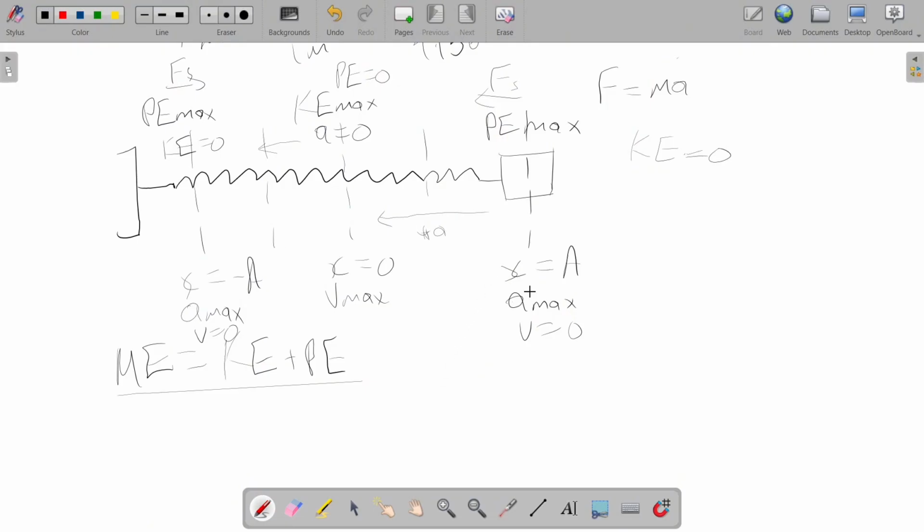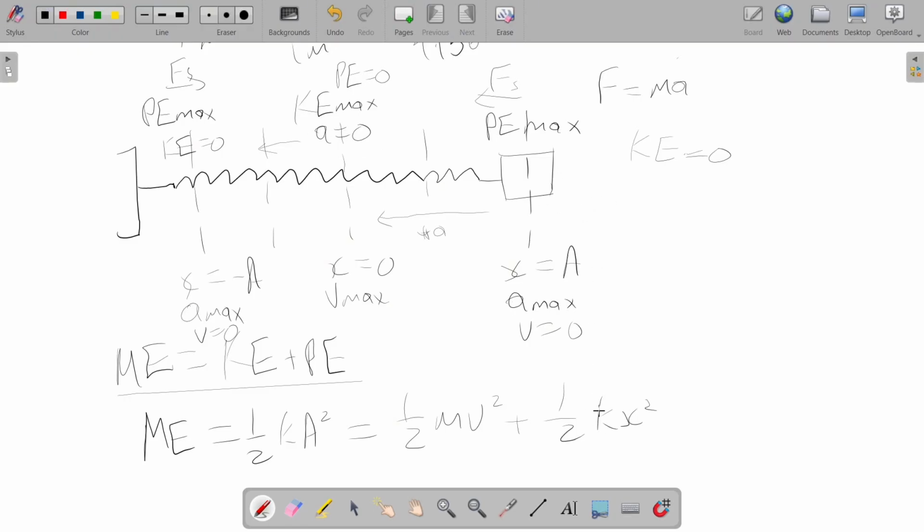And yeah, that's basically it for energy. If you look into it more, you could see that the mechanical energy is given by half k A squared, and then we know the others to be half m v squared plus half k x squared, if I'm not mistaken. Let me see. Yeah, it's half k x squared, right? So that's basically how you can see it.